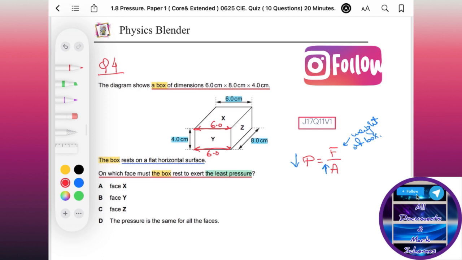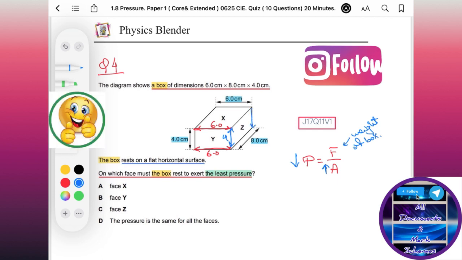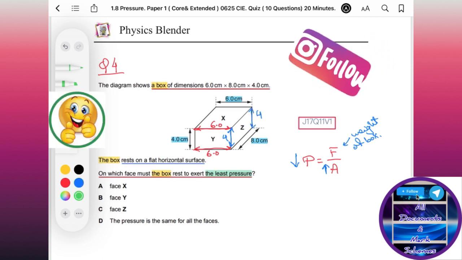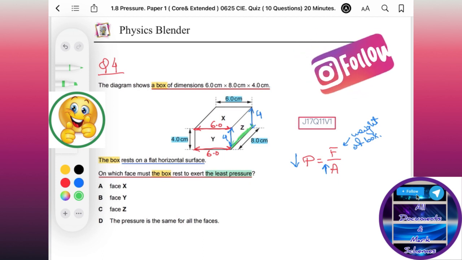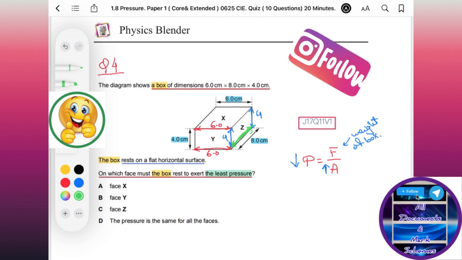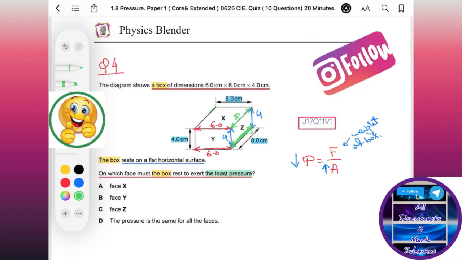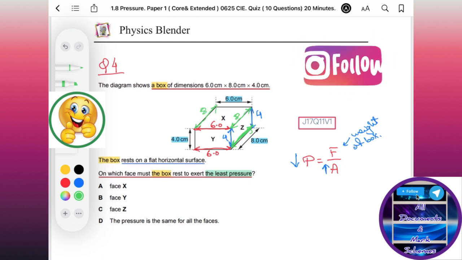This 4 centimeters here 4, also here 4. 8, you have here 8, here also 8, also here 8. Is it clear?